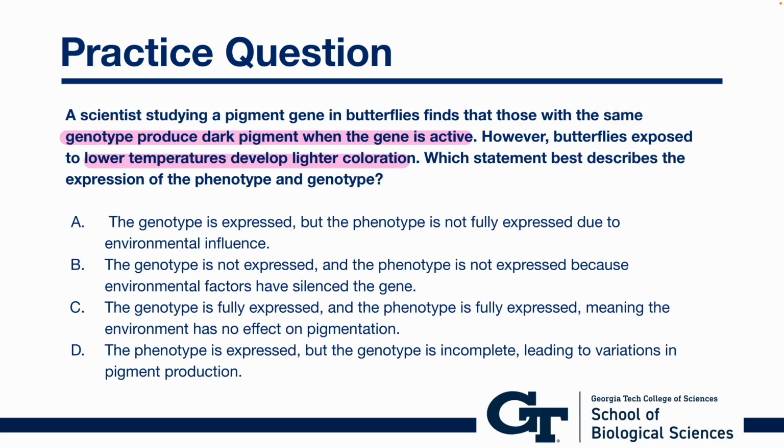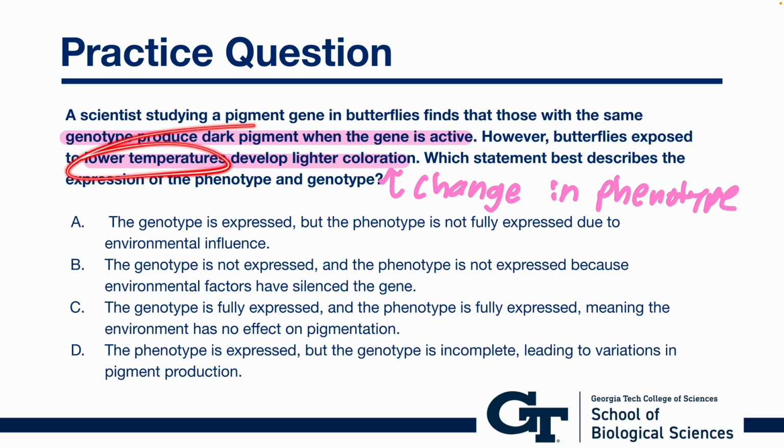And the lighter color, that is a change in what, the genotype or the phenotype? That's a change in the phenotype. So we have to look for the answer that says the genotype is coming across, but the phenotype is not because of the lower temperature, something going on with the environment. And the answer choice that matches that is answer choice A.